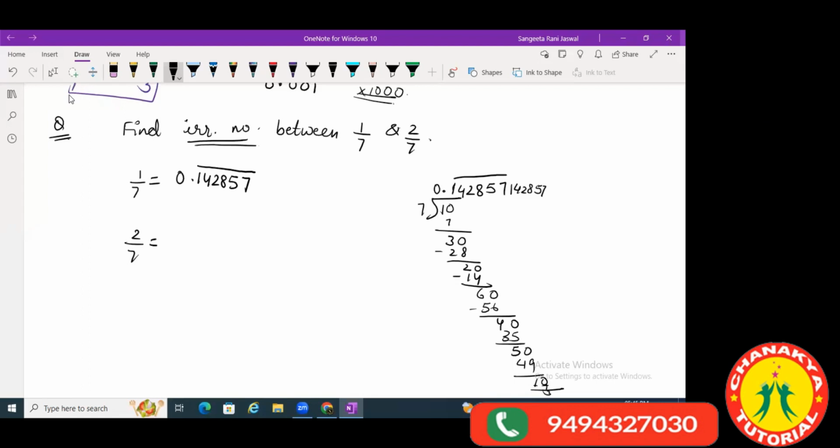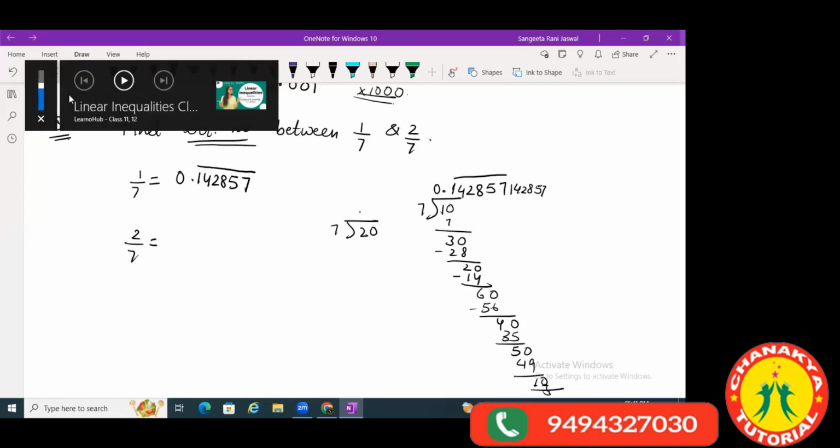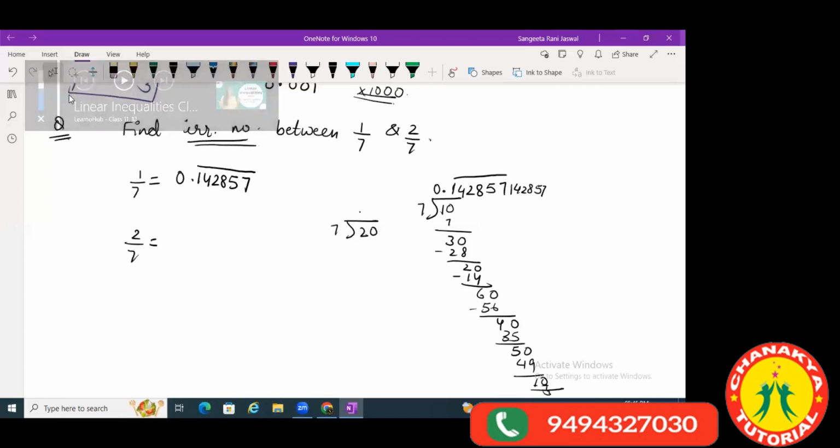Now again find this for 2/7. Let's do it for 2/7 also. You do now. I'm also doing. Ma'am, is it 0.3? It's terminating. Oh, no, sorry, ma'am, mistake. So we have 6. It starts from here. 7 8s is 56.